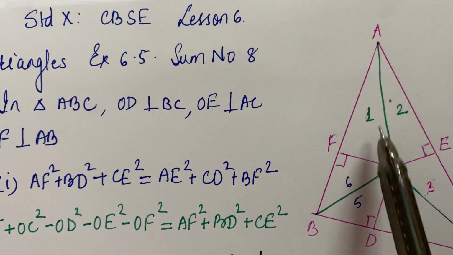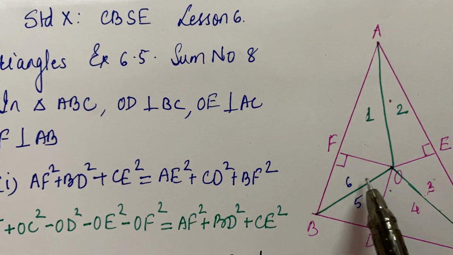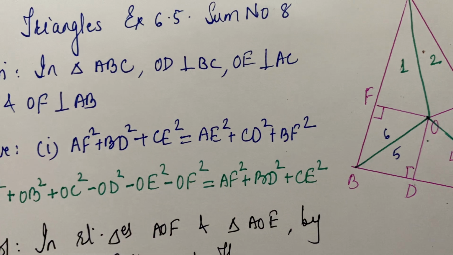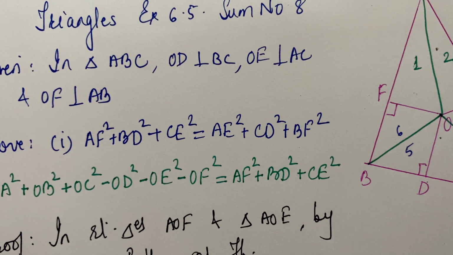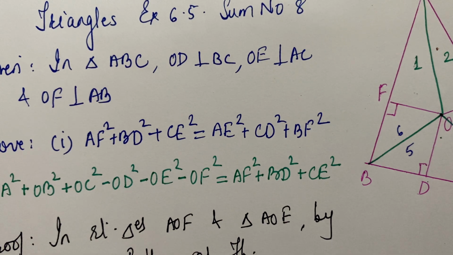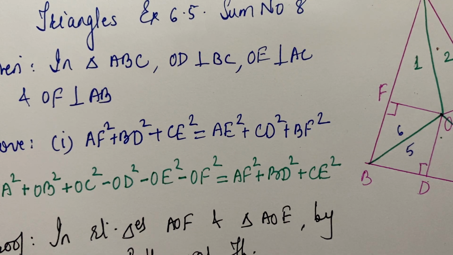AO square will be equal to AF square plus OF square.